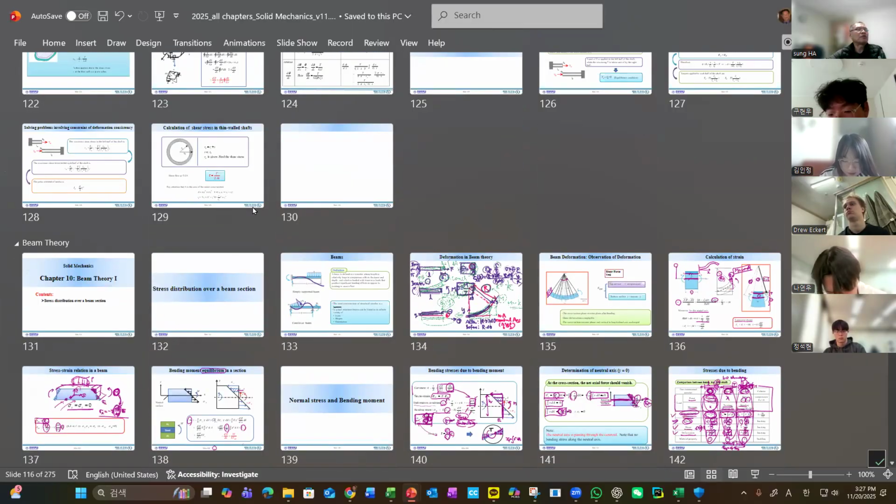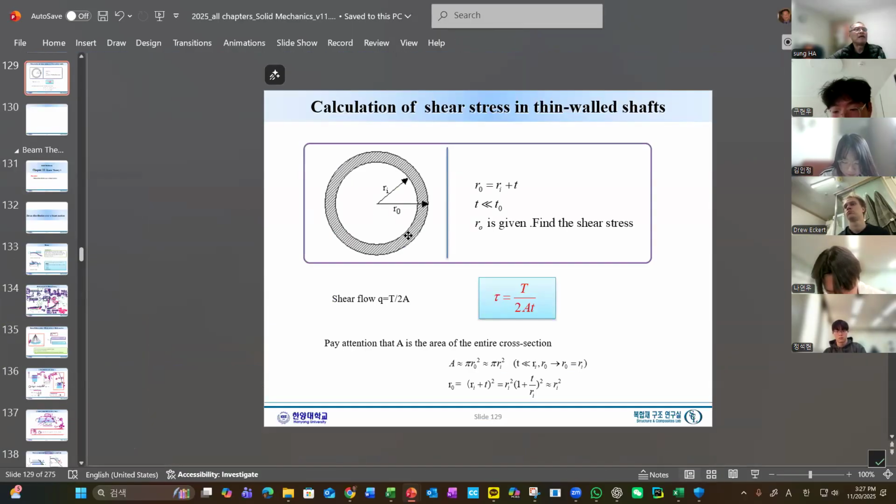The point I want to emphasize is for the thin or circular shaft, as you can see, I just like to repeat here this phi.